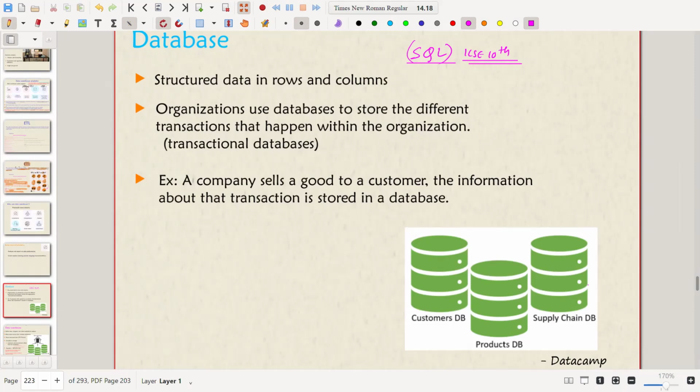So you can see organizations use databases to store different transactions that happen within an organization. Such databases are known as transactional databases. You can see a company sells a good to a customer, and the information about the transaction is stored in a database. I have seen that in very tiny shops here also. Any shop you go to, they always scan the item. They will have a QR code corresponding to each item, however cheap that item is.